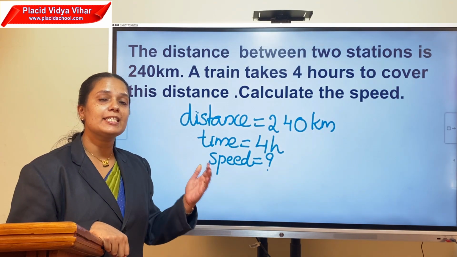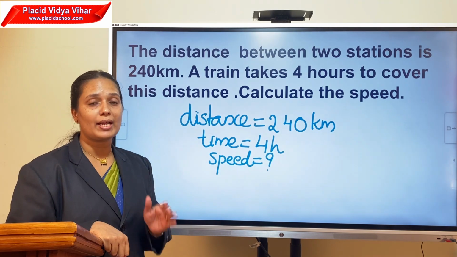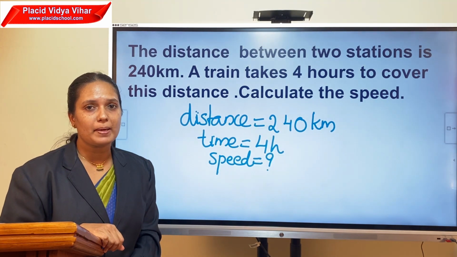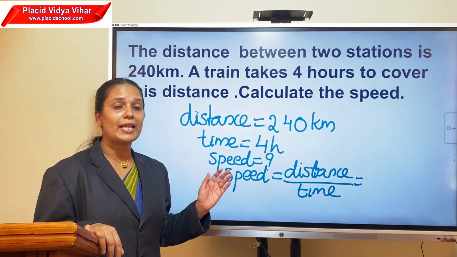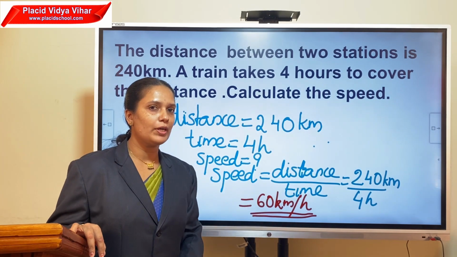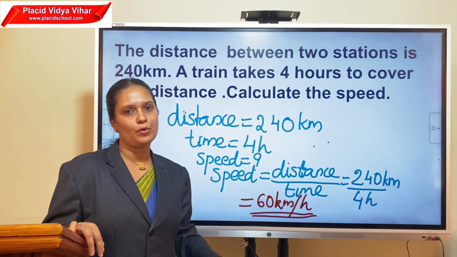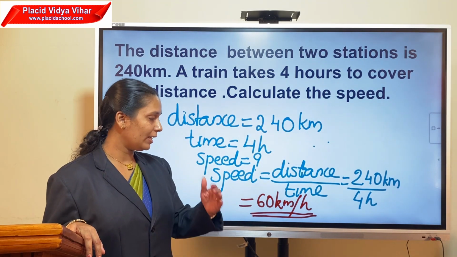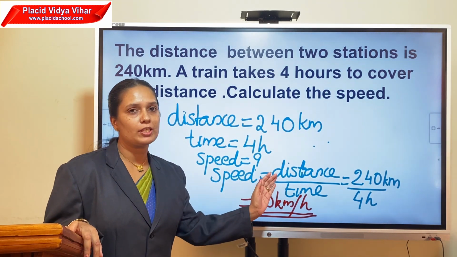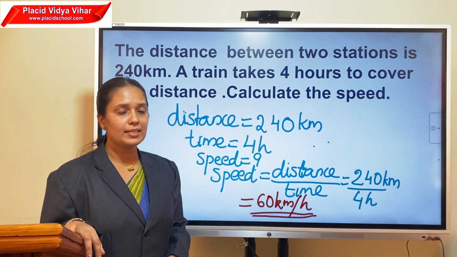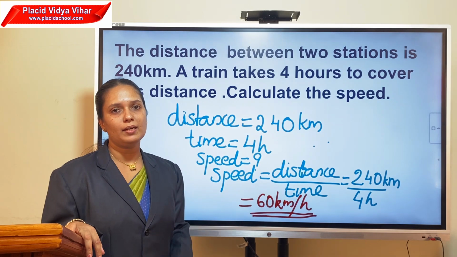So we have to find speed. First we have to write the equation, that is speed equals distance divided by time. Now you can substitute the values of distance and time. Then your distance is 240 km, then time is 4 hours. After substituting you will get 60 km per hour. So here the speed of the train is 60 km per hour.